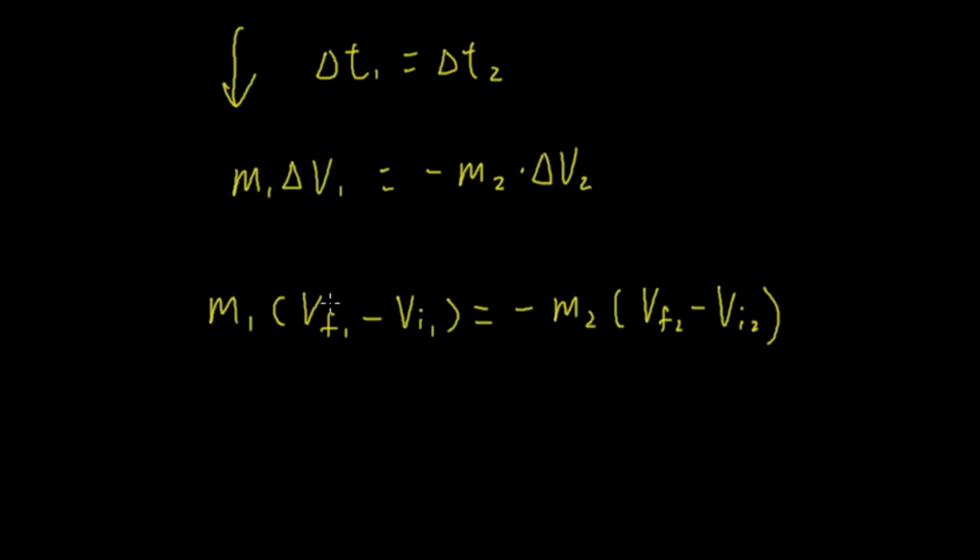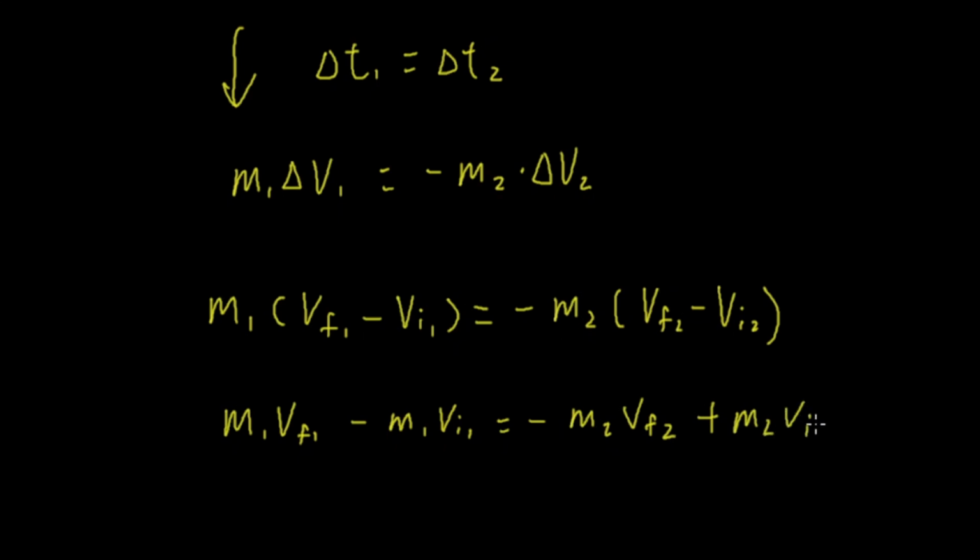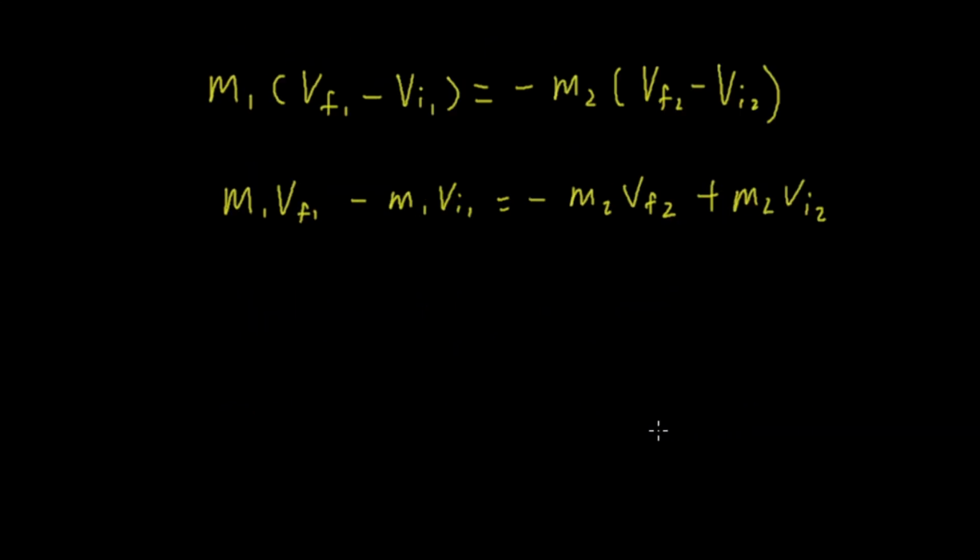Now, distribute the m. We have m1 V final 1 minus m1 V initial 1 equals negative m2 V final 2, and that will become plus m2 V initial 2. Now, we want to rearrange the equation so that all the signs are positive. So I can move this one to the left side and move this one to the right side.